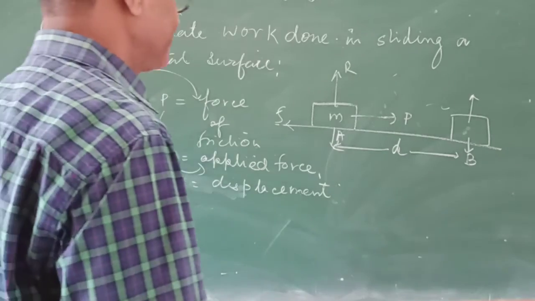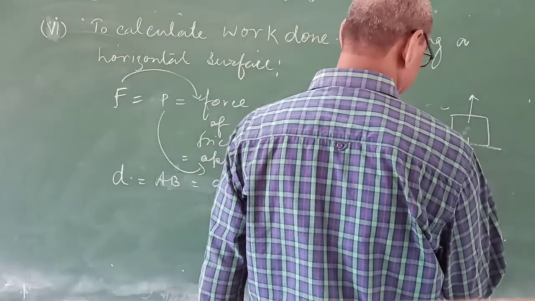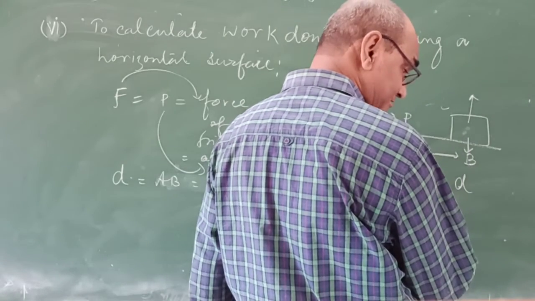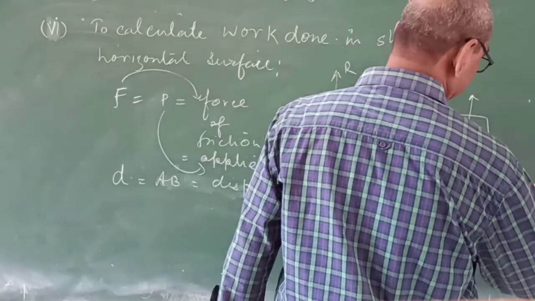Therefore, work done is equal to force into displacement. Work done is equal to applied force into displacement. P is the force applied, do not take it as power. I just write here force into displacement.